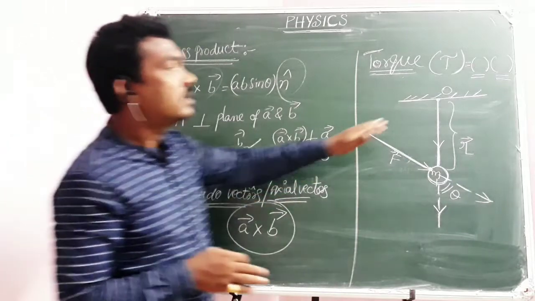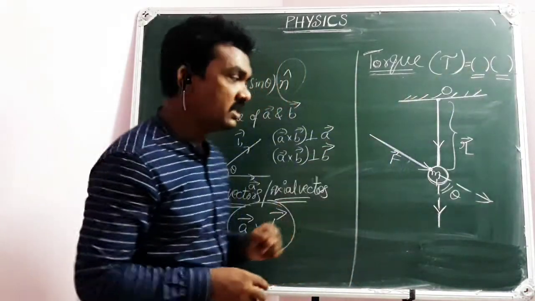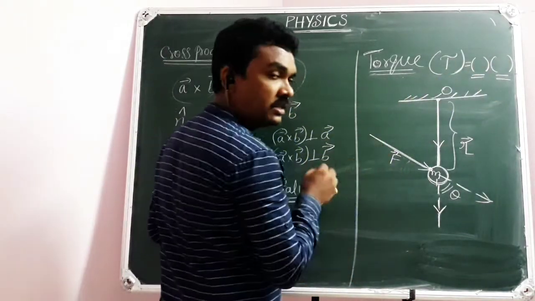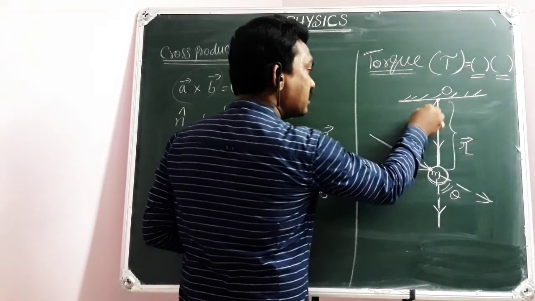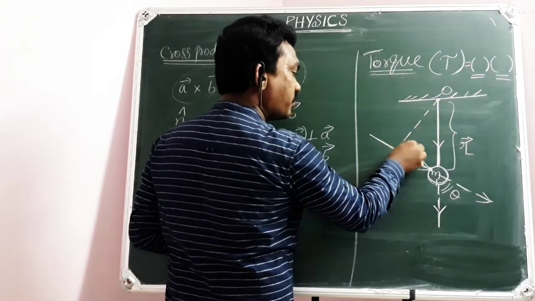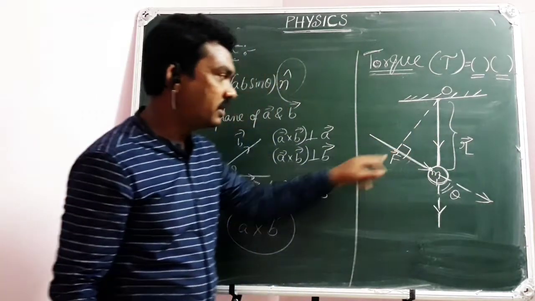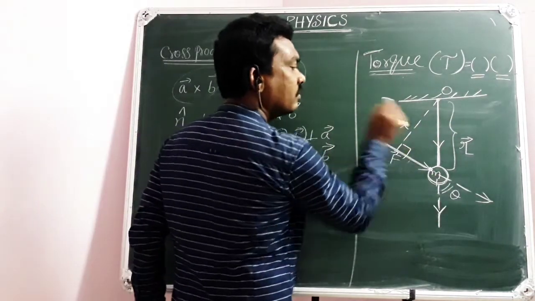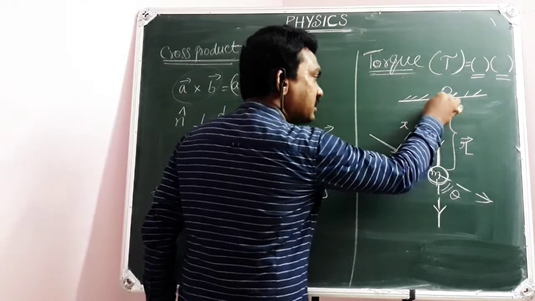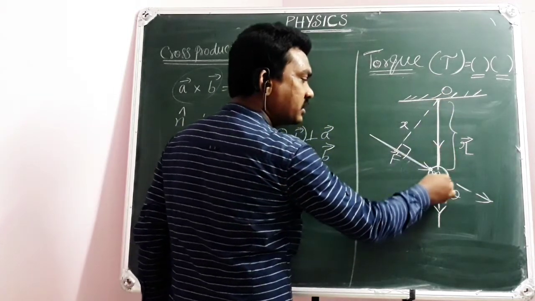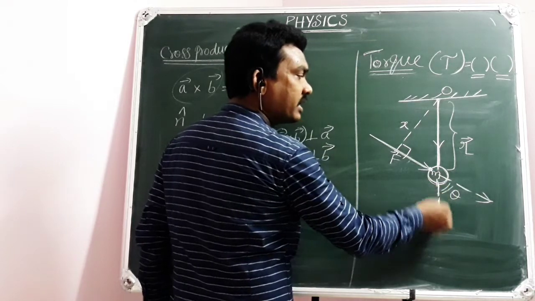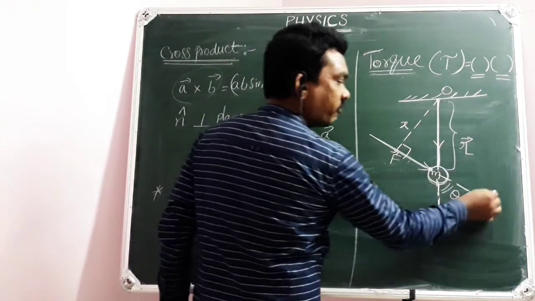So torque is the product of two terms. One is the applied force, another is the perpendicular distance of the line of action from the fixed point. This is the line of action, this is the fixed point, and this perpendicular distance is, suppose, x. Here, the distance of the point where you are applying force is r, its position vector is r bar, and this is f bar.